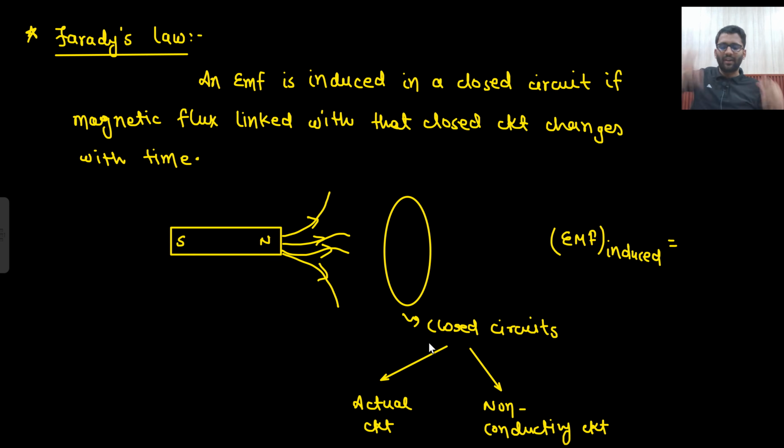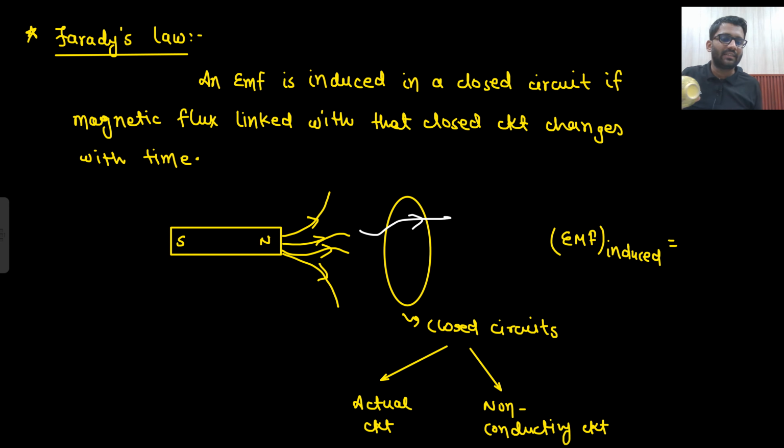Now I am having a magnet here. So let's see this analogy. I am having a magnet here, and this is a closed line circuit. Now if I move this magnet towards this particular closed line, towards this surface area, then what will happen? These magnetic field lines are getting increased, right?